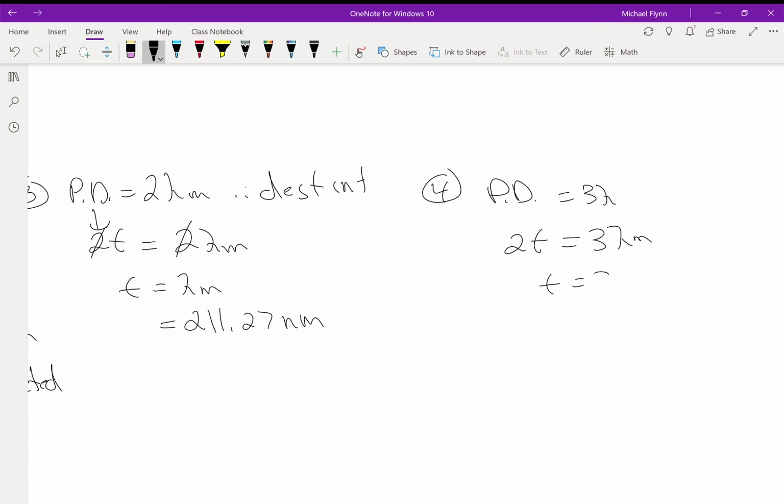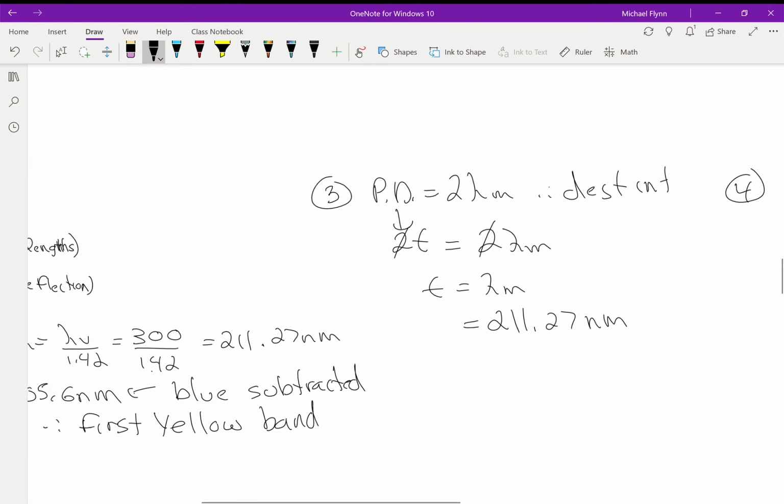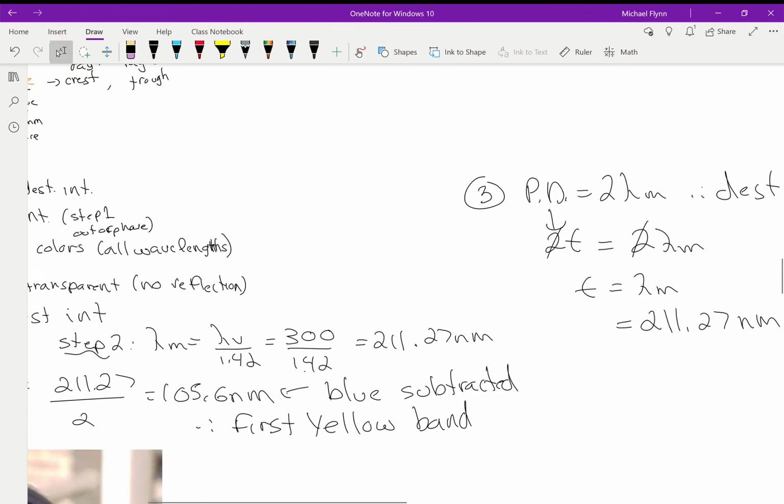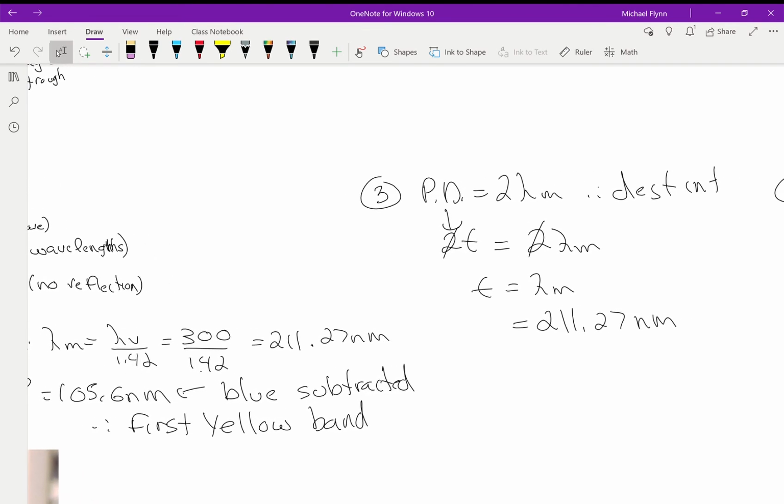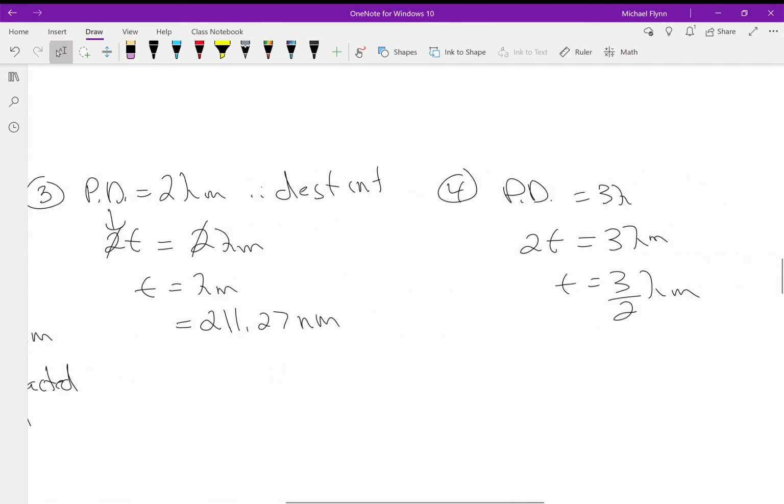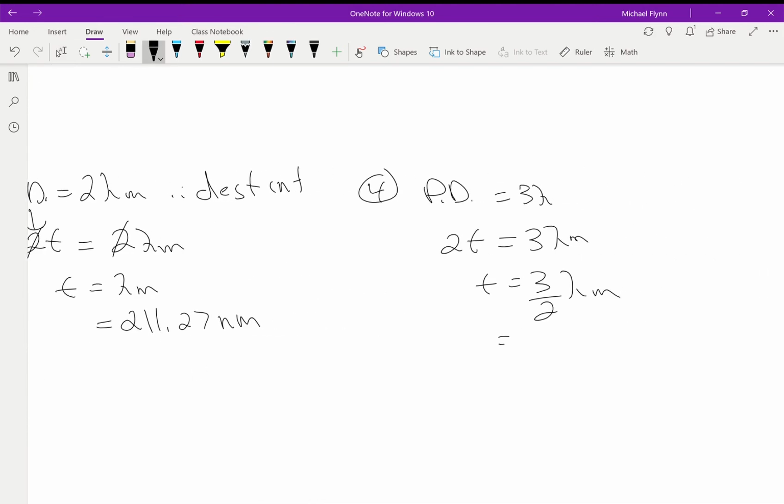So the thickness would be 3 over 2 times the wavelength in the medium. Well, the wavelength in the medium is 211.27. So 211.27 times 3 divided by 2 equals 316.9. And so the third yellow band would be at 316.9 nanometers.